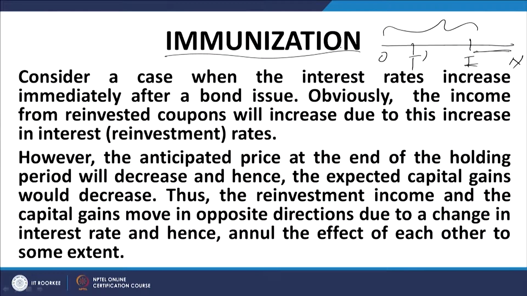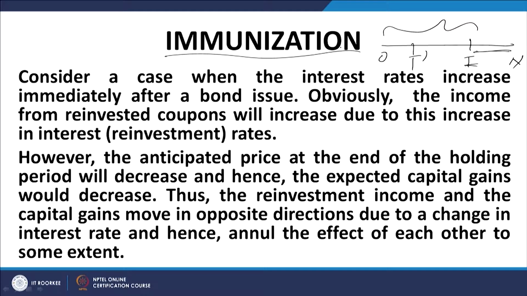If there is a change in interest rate, your portfolio, or your bond, gets immunized. Why? Because the positive effect of reinvestment would be annulled by the negative impact of capital loss, and vice versa. And this is the philosophy behind immunization.